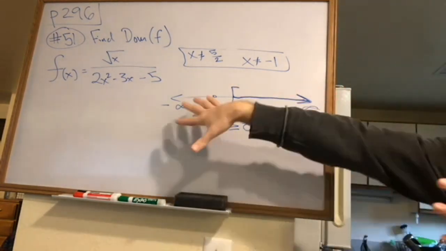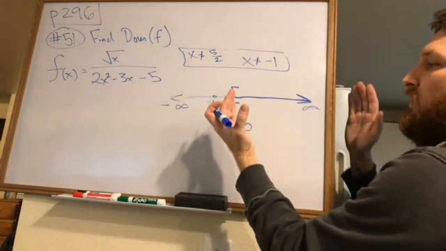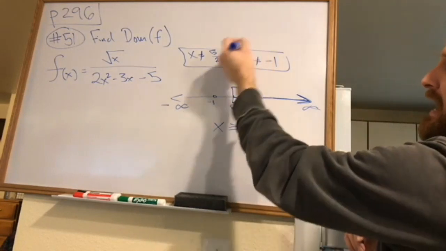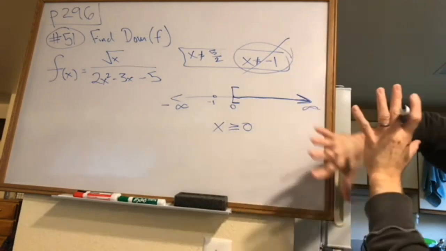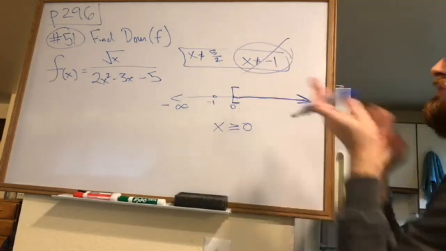But that's outside of the interval, so we don't even actually have to worry about that, because we know we can only put in these numbers anyway. This guy doesn't even come into play. He's not going to factor into our analysis, because we're only looking at these numbers anyway.